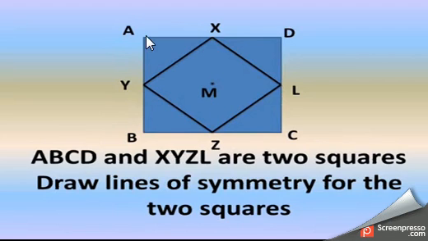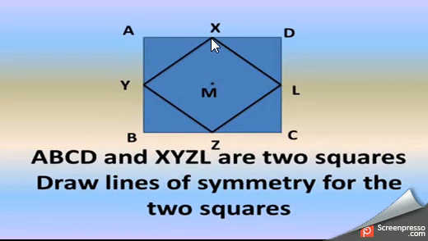Now, if I have two squares inside each other, this example is from the school book, page number 57. Square ABCD and square XYZL are two squares. Draw the lines of symmetry for the two squares. Now I will draw the first line of symmetry of the square XYZL.